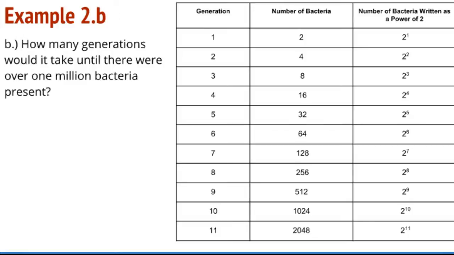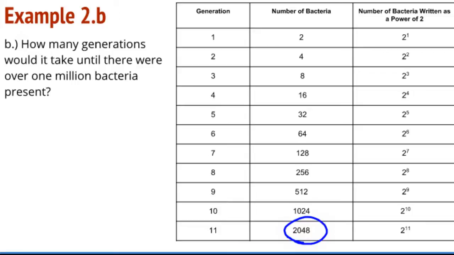So the question here is, how many generations would it take until there were over 1 million bacteria? We got to the 11th generation, and we've got 2,048 bacteria. How many times is this process going to go on until you have 1 million bacteria? So continue extending your table out until you find that.